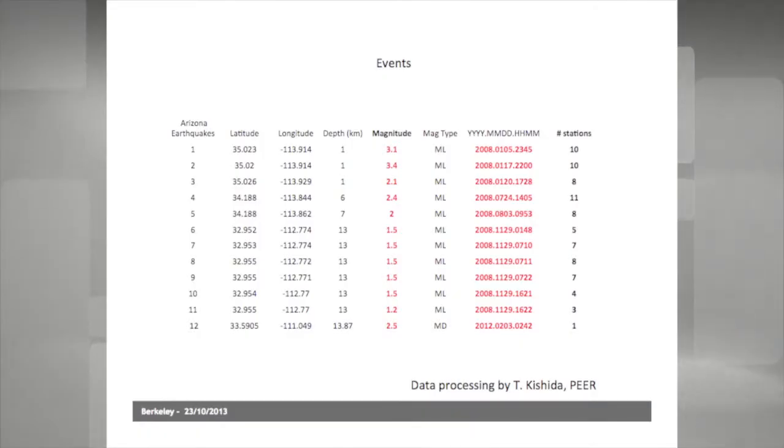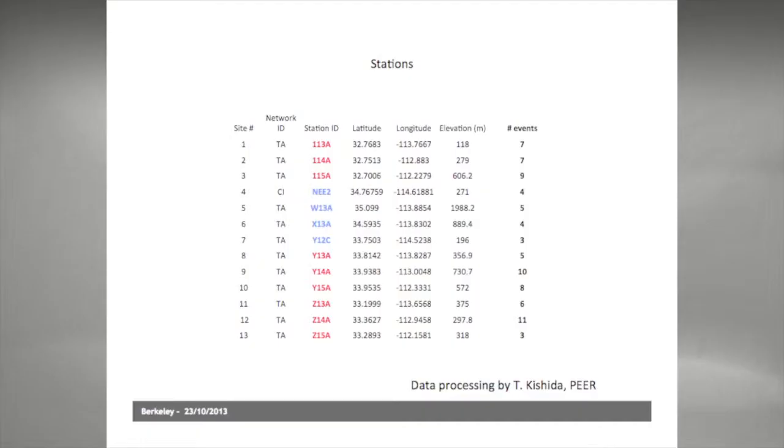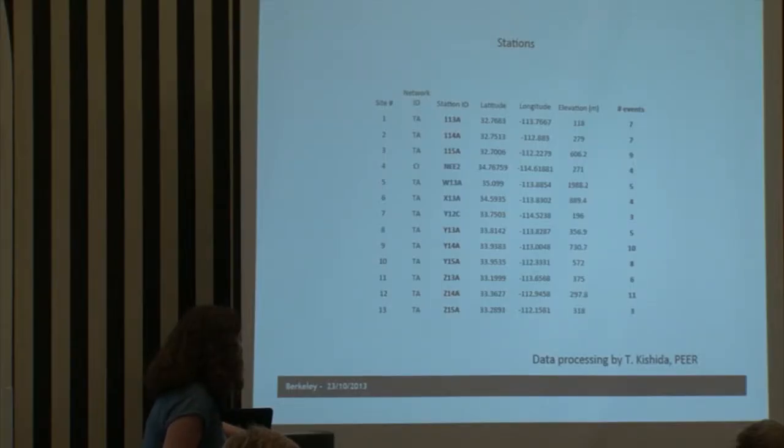And again, I'll have to say that the data processing was done by Tadahiro Kishida at PEER. I think I have the reference there somewhere, so it's kind of a crash test on the data processing. The PEER report is still under review, so it's the documentation of the processing that we're hoping to do for the entire NGA-West2 data set.